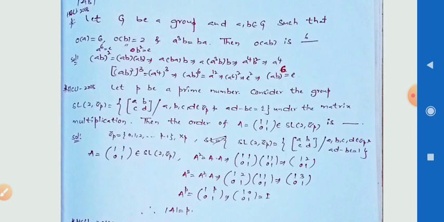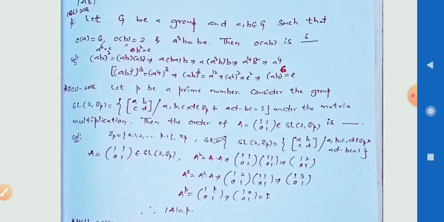Okay, here I am showing: Zp means the integer set up to the element p minus 1. Zp is the set 0, 1, 2, 3, up to p minus 1, with multiplication modulo p.